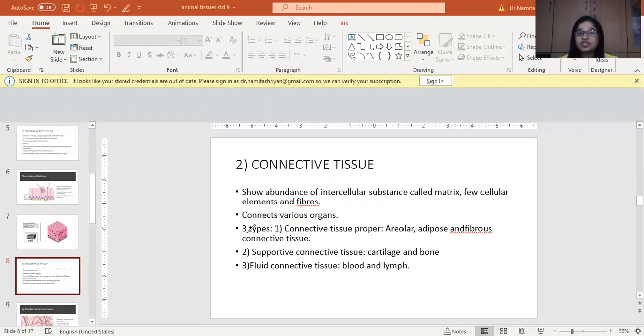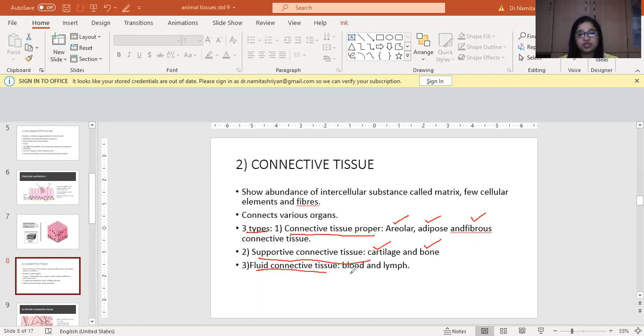Now, there are 3 types of connective tissue. We make it into 3 categories: connective tissue proper. In that we have our areolar tissue, adipose tissue, and fibrous connective tissue. The second is the supportive connective tissue, that is going to support the structures. Here we have cartilage and bone, and the fluid connective tissue. Name itself explains everything.